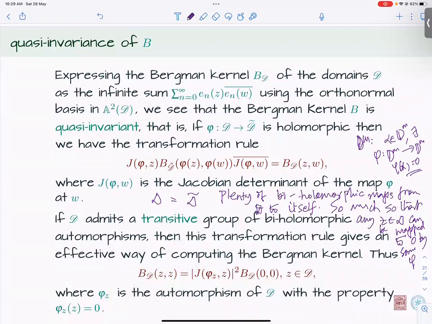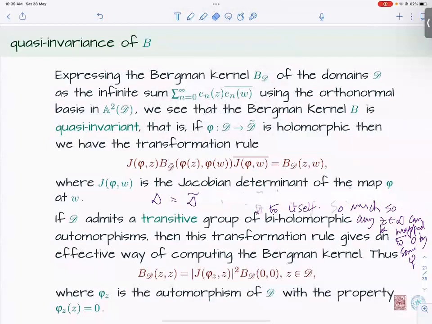There are many other domains for which, given an arbitrary point, there is a bijective holomorphic map that takes that point to some pre-assigned fixed point in your domain, which we are assuming in this case is just the origin.